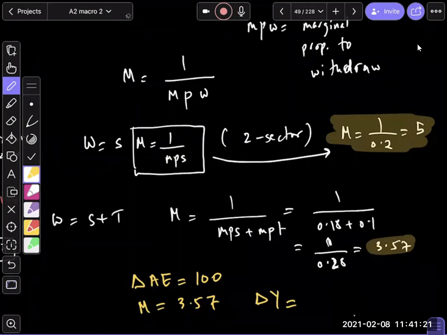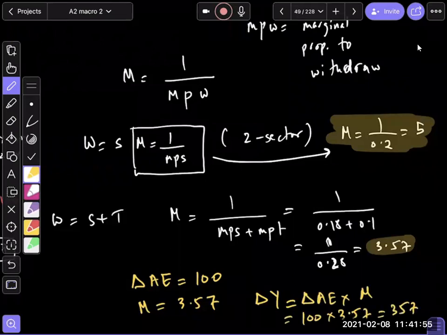Change in Y is equal to change in AE times multiplier. Change in AE is 100 times 3.57, 357.